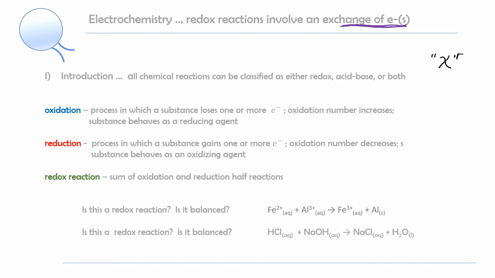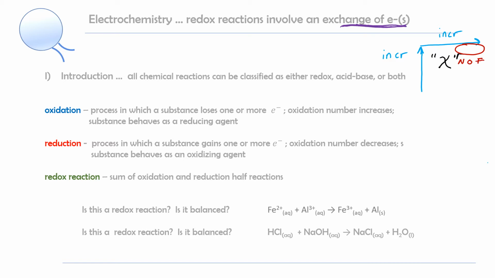Okay, so if we go up a family in the periodic table, electronegativity is going to increase. If we move across a row in the periodic table, electronegativity is going to increase. So that leaves us with the most electronegative elements up here in the upper right-hand corner, like nitrogen, oxygen, fluorine.